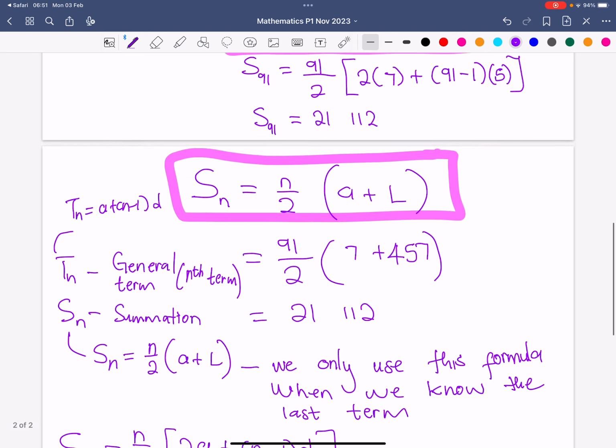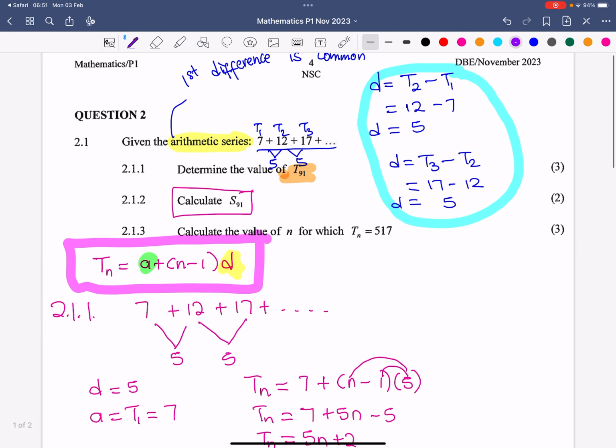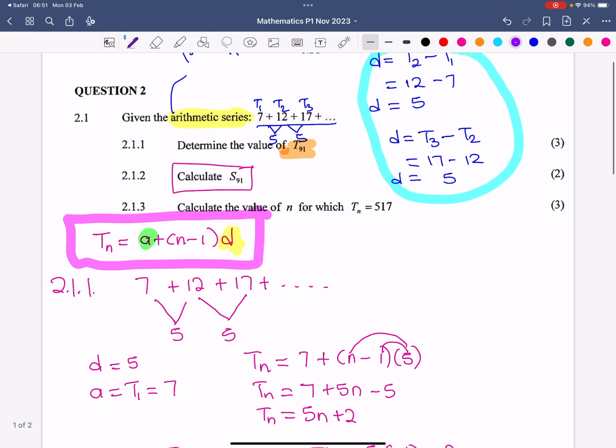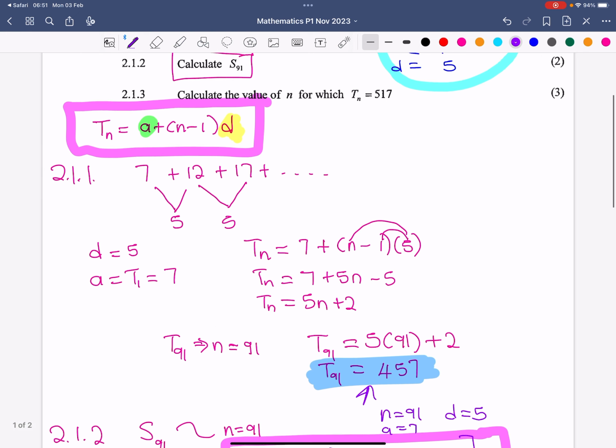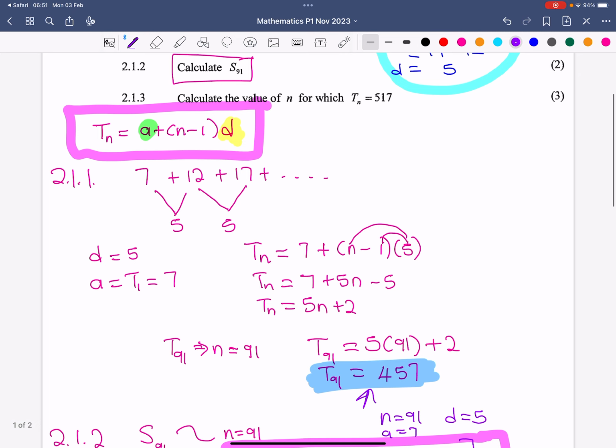Okay, right. So let's go on to the last question. In this question, they say, calculate the value of n for which Tn is equals to 517. Quite interesting. So let's come back here. Let's write this in green.